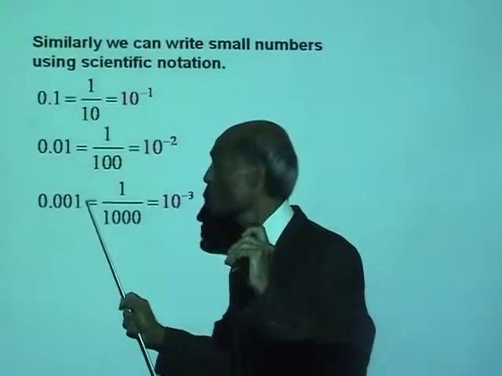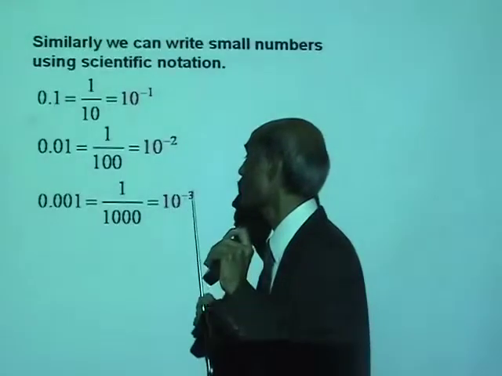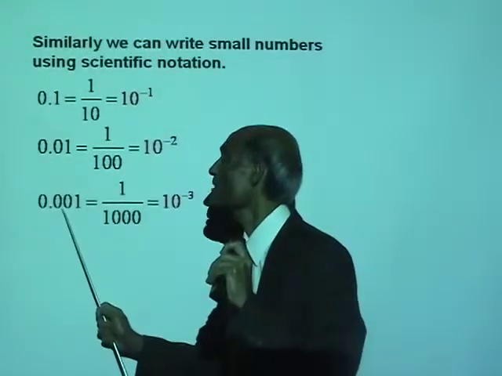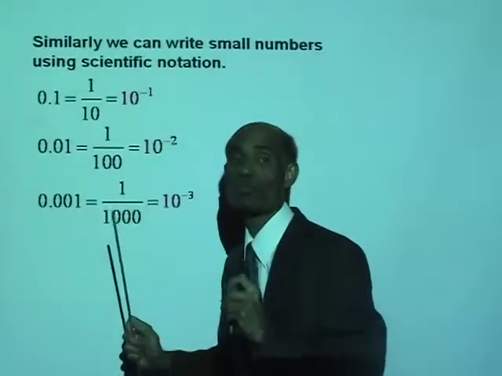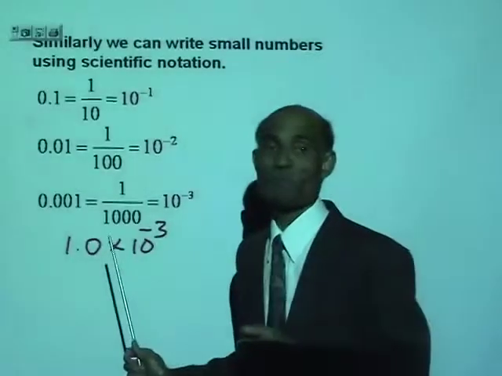So this becomes 1 multiplied by 10 to the power of negative 3. That 3 is the number of places you move the decimal to the right. So 0.001 is 1.0 multiplied by 10 to the power of negative 3. That's how this becomes the scientific form.